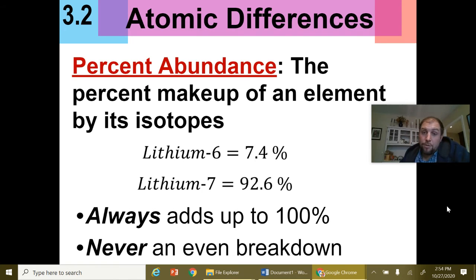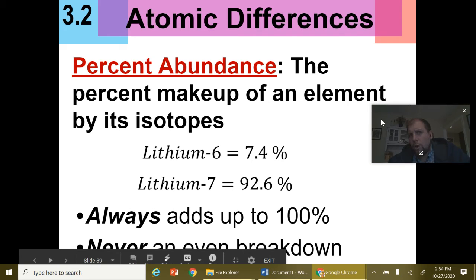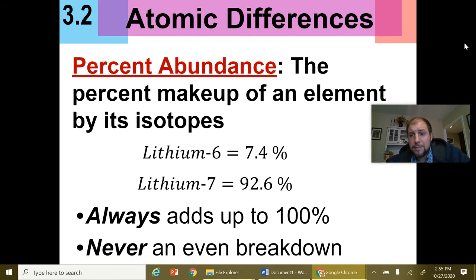Scientists found a way to account for this using what's called a weighted average. And it's the same way that we tabulate your grade, all right? Let's say you get a 90 in the test category, and you get an 80 in the homework category, okay? In order to tabulate your final grade, we don't just take the average of 90 and 80 and say you get an 85.